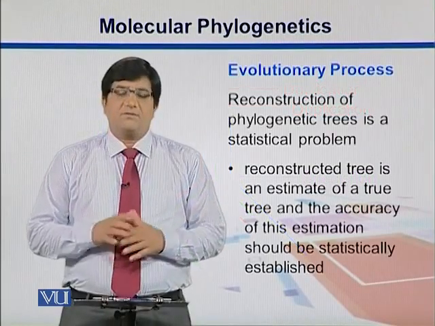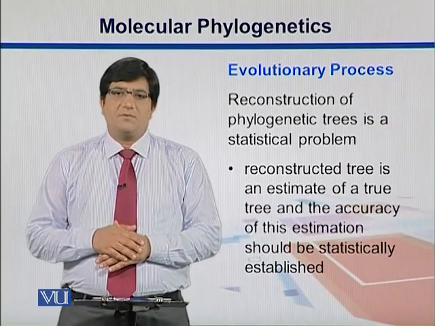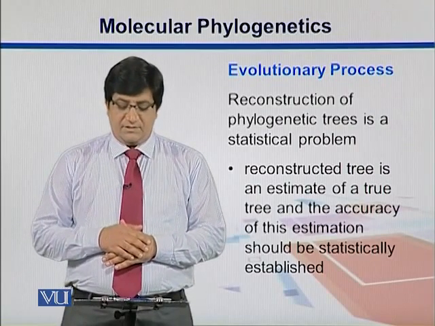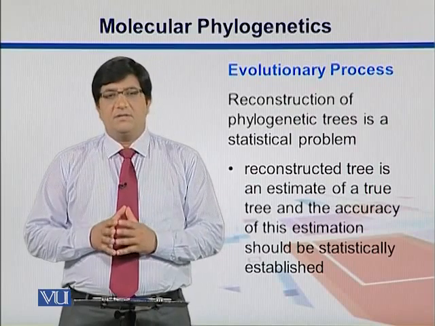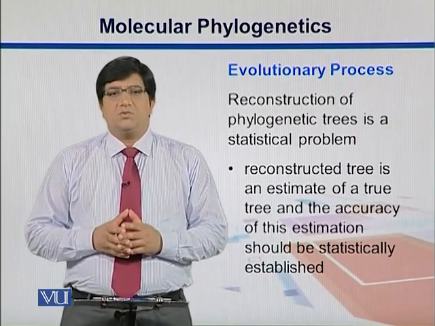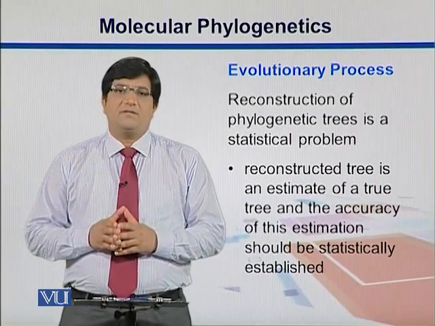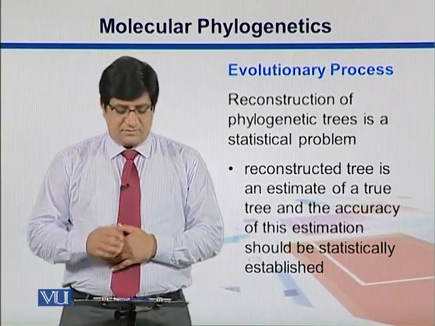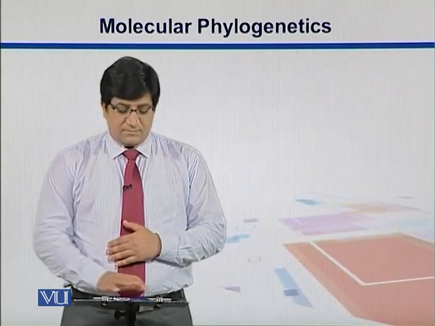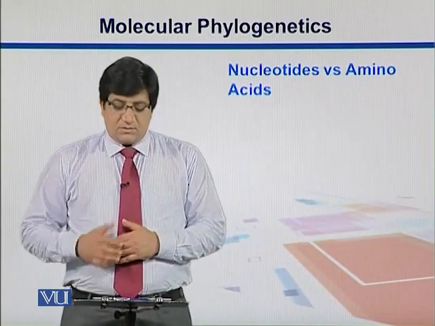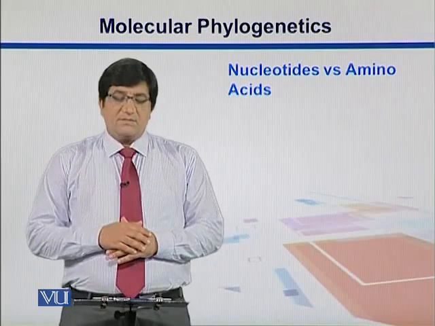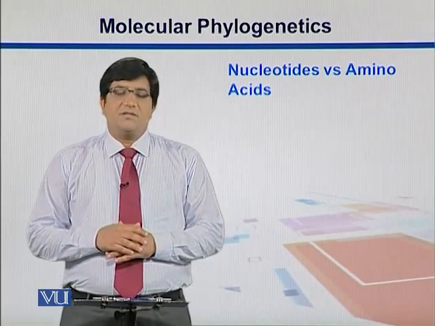Reconstruction of a phylogenetic tree is a statistical problem, and a reconstructed tree is an estimate of the true tree. So it is important to get an idea or do some statistical testing to find whether our estimate is correct or it is not correct. If we look into nucleotides versus amino acids, which tree is better?